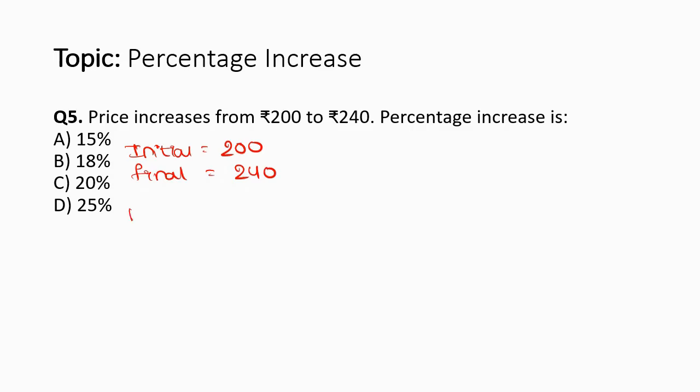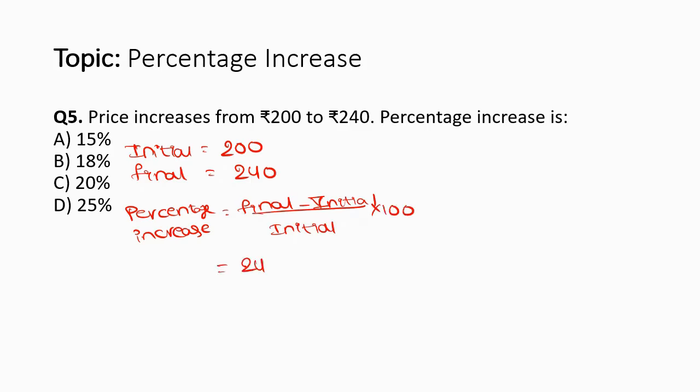For percentage increase, the formula is final value minus initial value, by initial value, into 100. So final value 240 minus initial value 200, by 200, into 100. 40 by 2 is equal to 20%.